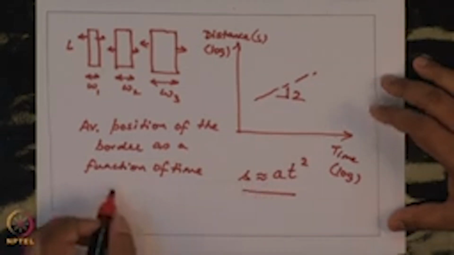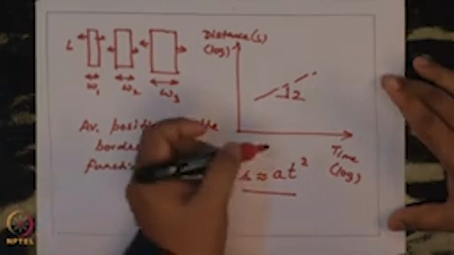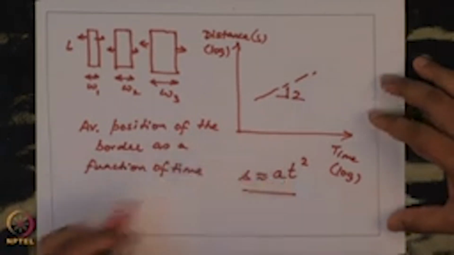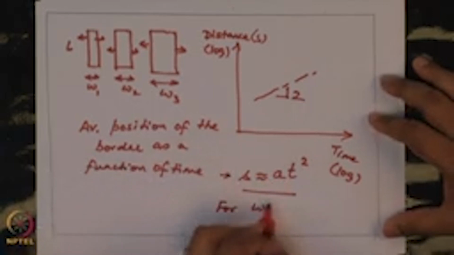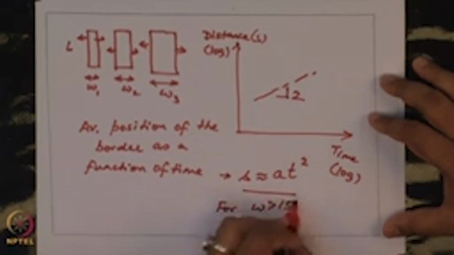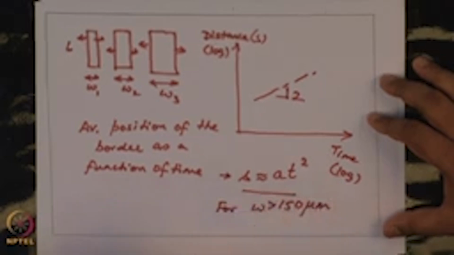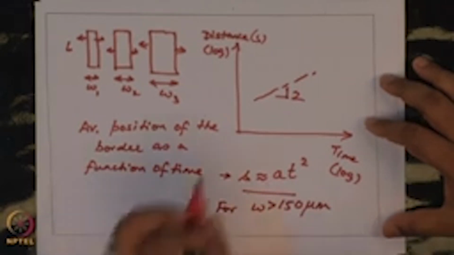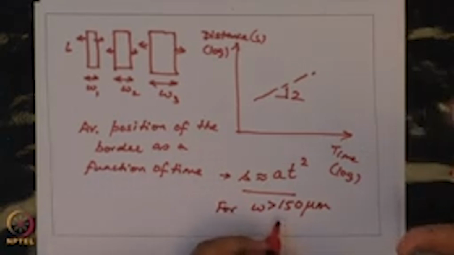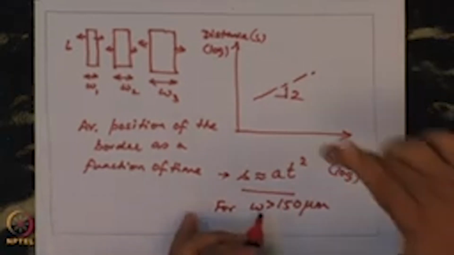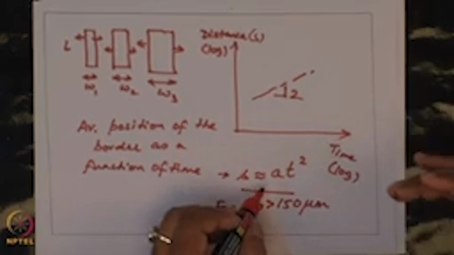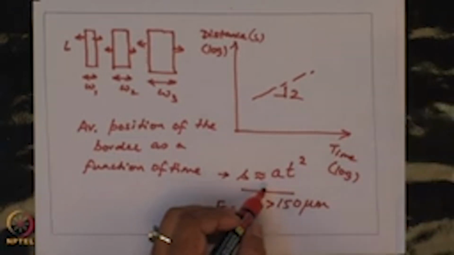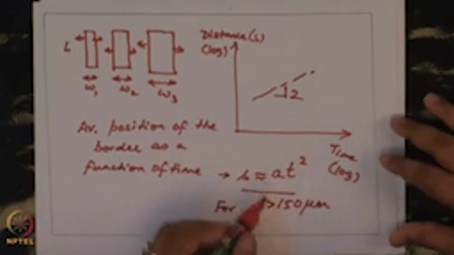So, what they found was S scaled as t square. This is for W greater than 150 microns. So, beyond 150 microns, whatever be the width, you have a scaling relationship where the border exhibited a parabolic profile on the time t.